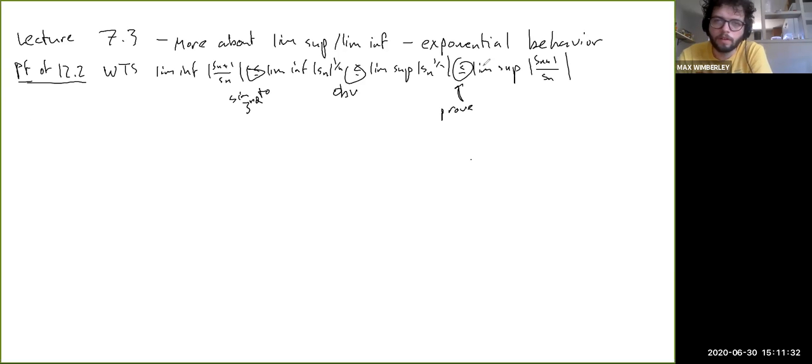Okay, so let's write. I'll try to use the book's notation here. So lim sup of the absolute value of Sn, sorry, this should be outside of the absolute values here.